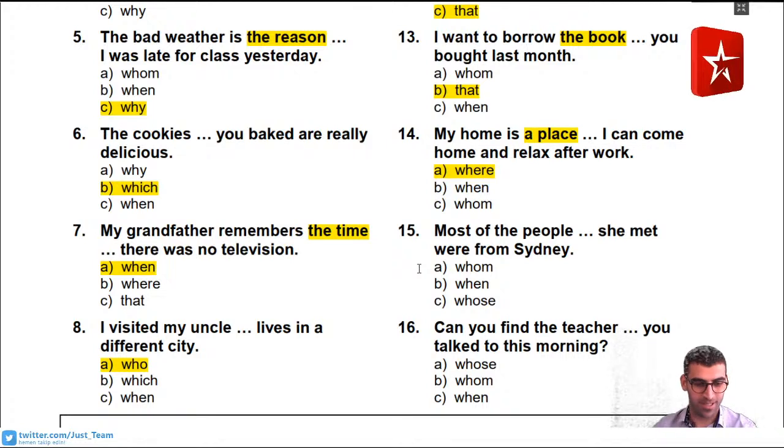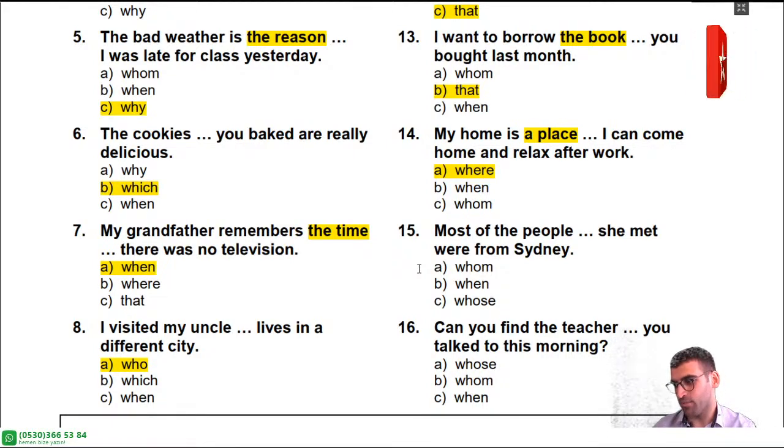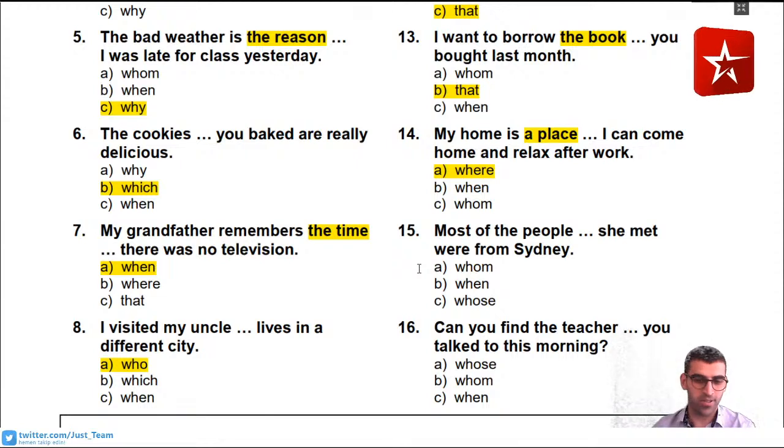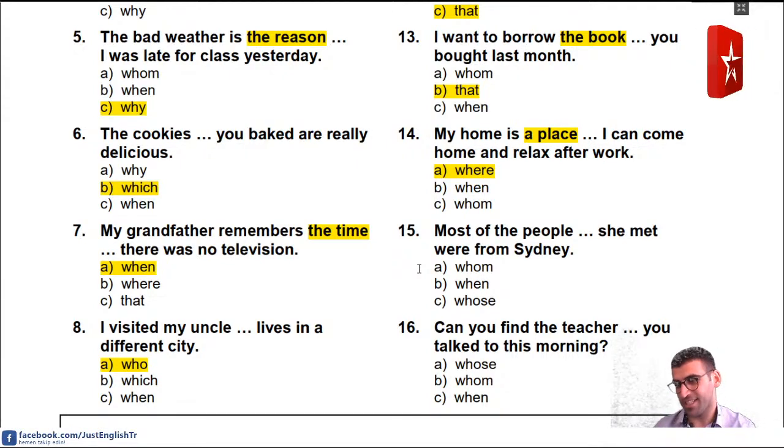I wonder whether he will find the correct answer or not. Tuku and Muhammad Ali, they said whom. Okay, I am waiting for the rest of the answers. 15 is C. Mr. Nejat says. But I wanna announce that the correct answer is A, Mr. Nejat. That is the challenge.